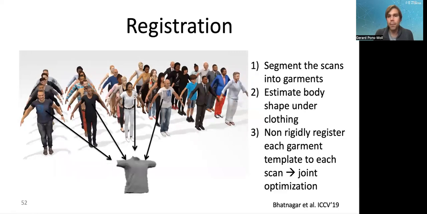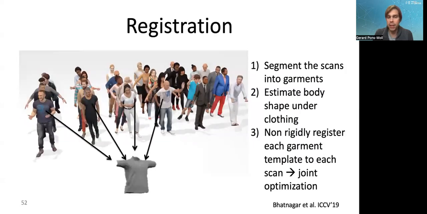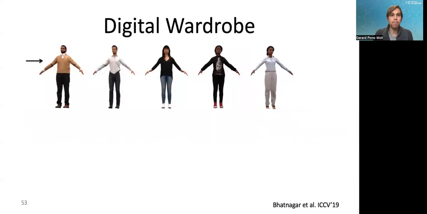And using a sophisticated optimization pipeline, which was quite laborious, we were able to register a dataset of 3 people in scans, a 3 people dataset of scans of people in clothing.